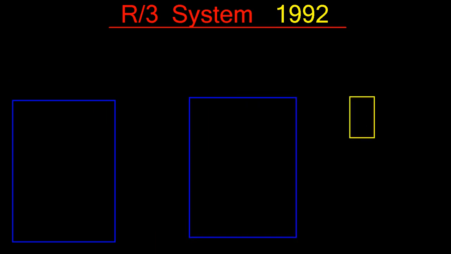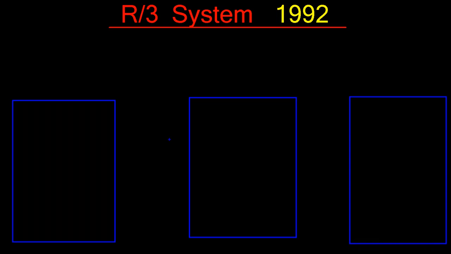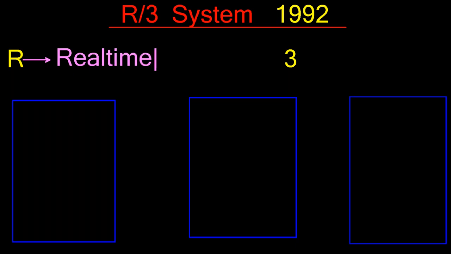So here we have three separate systems. R and 3. R stands for real time, running organization having three systems.